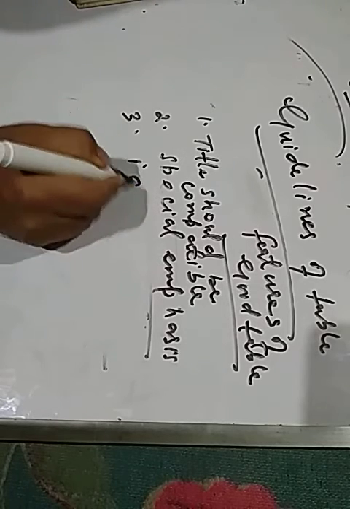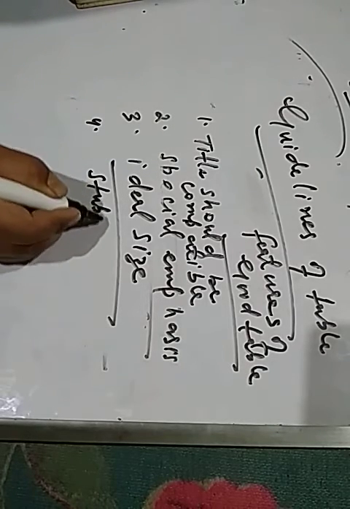Number third guideline for drawing a table, or feature of a good table, is that it should be of ideal size. Neither should it be too big nor too small.